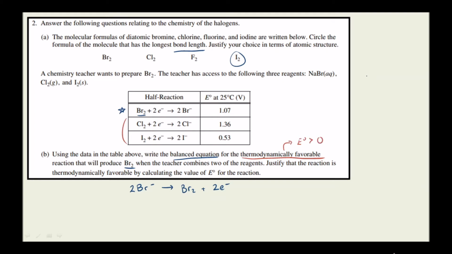So it's spontaneous. It's thermodynamically favorable. So we know that this first reaction to produce Br2, we reversed the half reaction. So we will give the E0 for this reaction a negative sign because we reversed the half reaction.